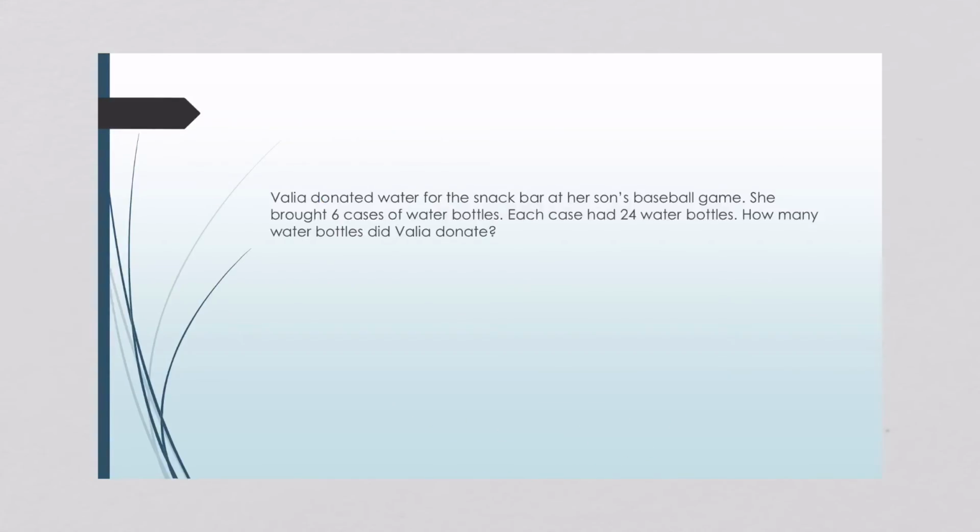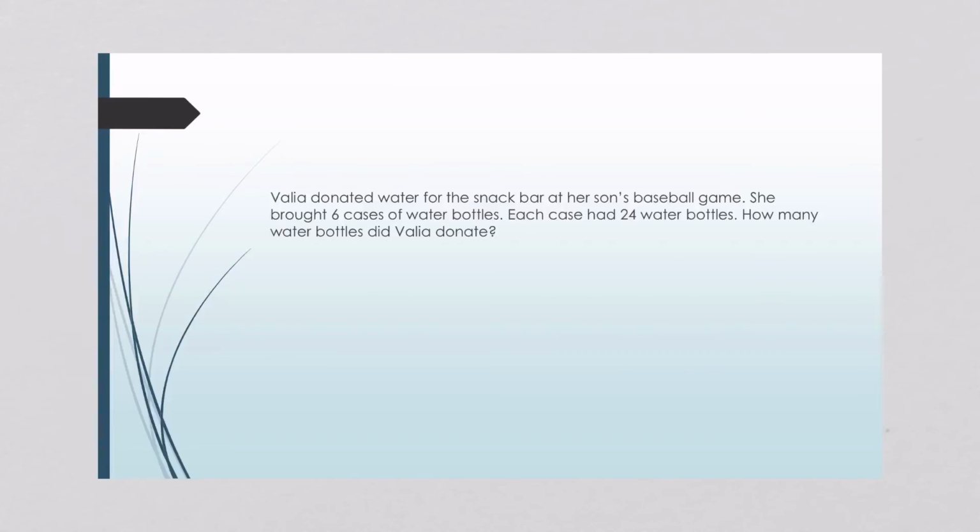Okay, with this problem, it says Valia donated water for the snack bar at her son's baseball game. She brought 6 cases of water bottles. Each case has 24 water bottles. How many water bottles did Valia donate? Well, in this problem, again, we could do repeated addition, which means 24 groups of 6 or 6 groups of 24.